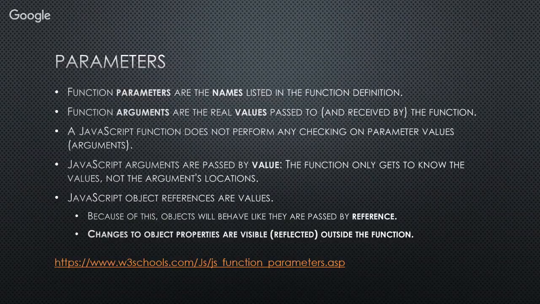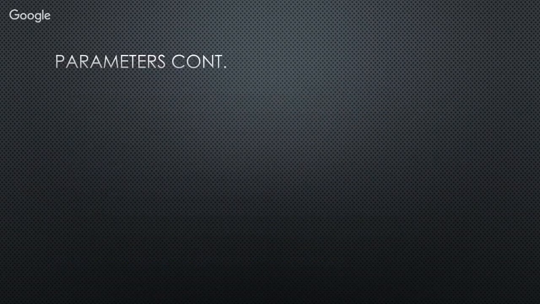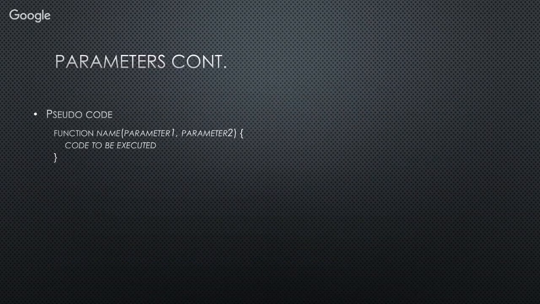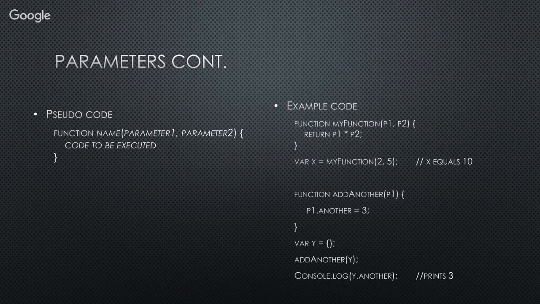So that's some stuff on parameters. Here it's simple: you have your function name and then inside the parentheses you pass in as many parameters as you want. In JavaScript you also don't have to define the type of what you're passing into a function, which again is like JavaScript being the Wild West. You can do whatever you want.